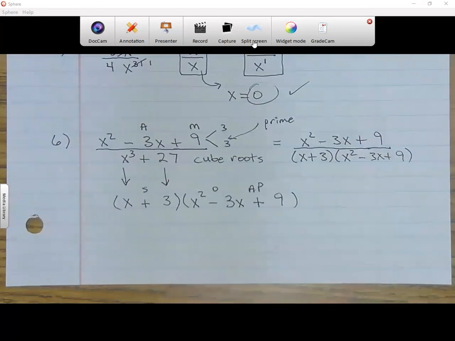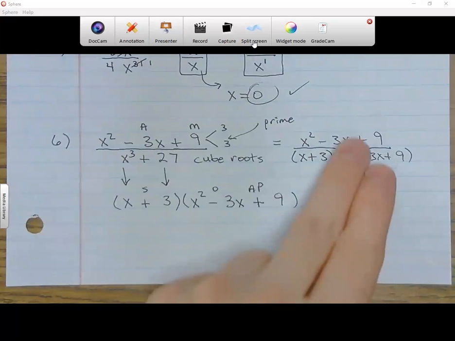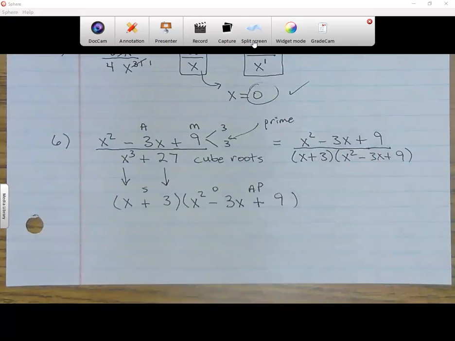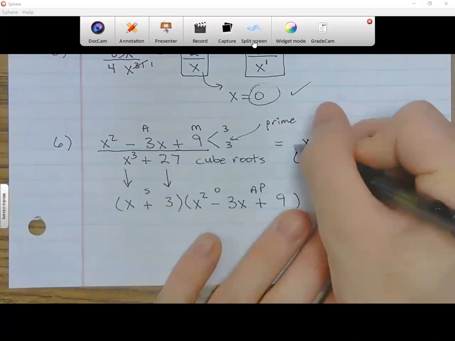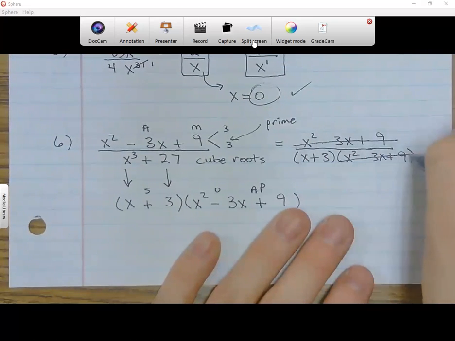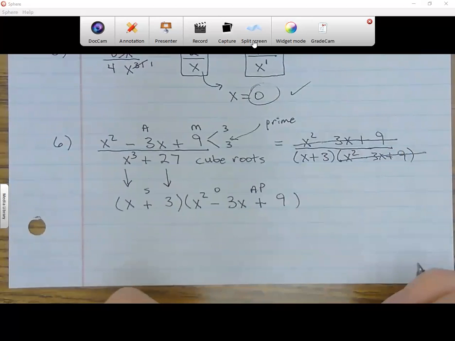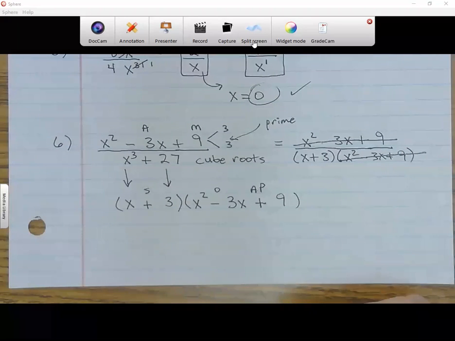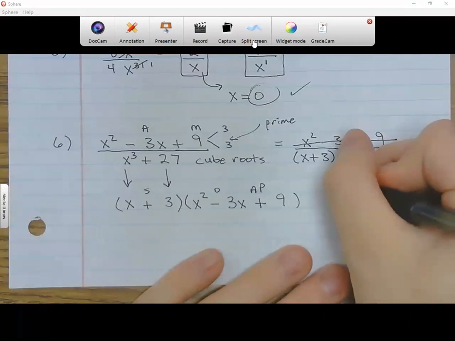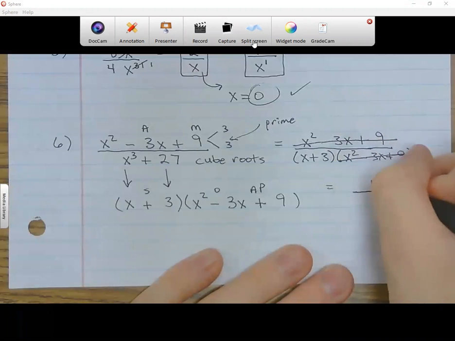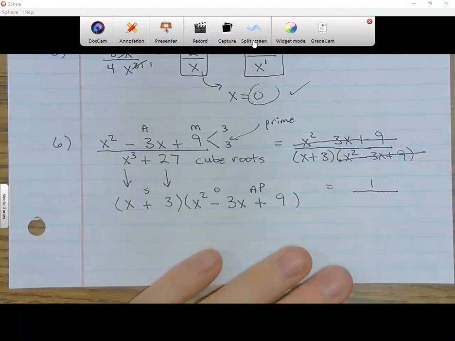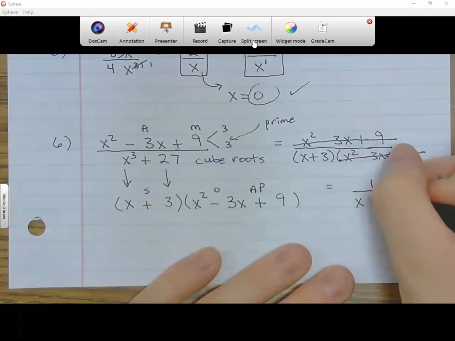All right, so what matches up on the top and bottom? The long factor, right? They're the ones that are going to match up. So if they're both the same thing, I can cross them out. I don't have anything left on the top anymore, so I put a 1 in its place. And then the denominator is x plus 3, because that's the only thing that's left.